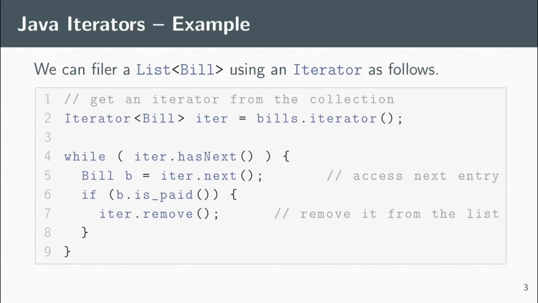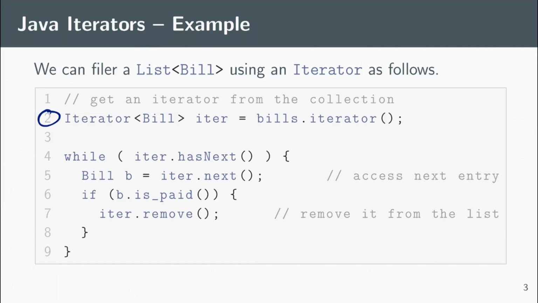The way you do that is you get an iterator from the collection itself, which is what happens in line 2 here. So what this does is it declares and initializes a variable called iter, which is of type Iterator of Bill. So it's again a parameterized type. And I get that simply from the iterator method of the collection itself.